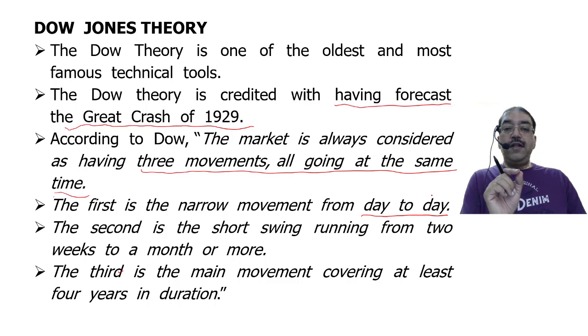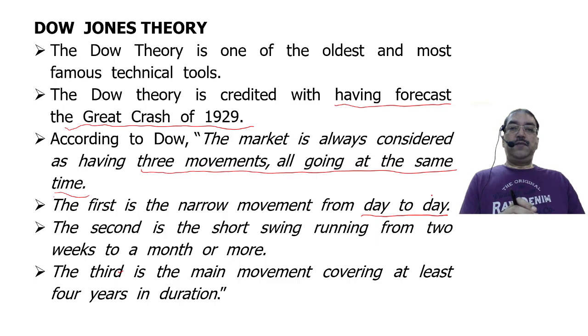The first is the narrow movement from day to day. Okay, so that is an indicator. Though it is a day-to-day movement, it is an indicator of whether the stock market is going to increase or decrease. Okay, that is the primary movement, the first movement.